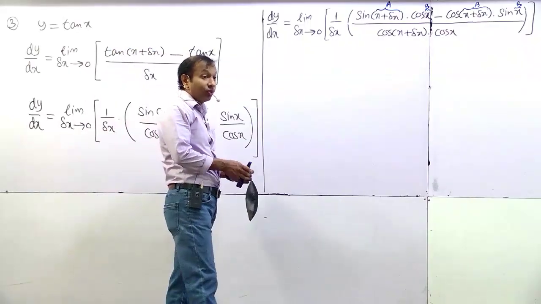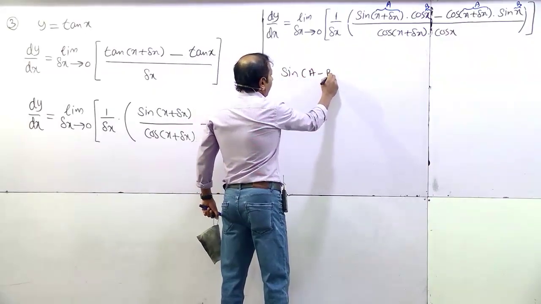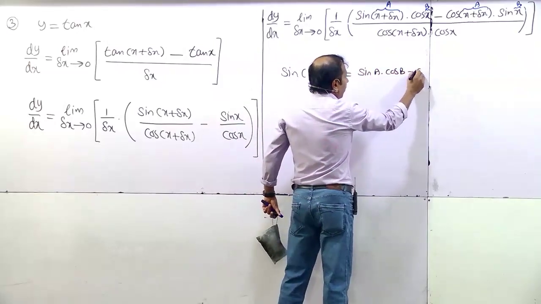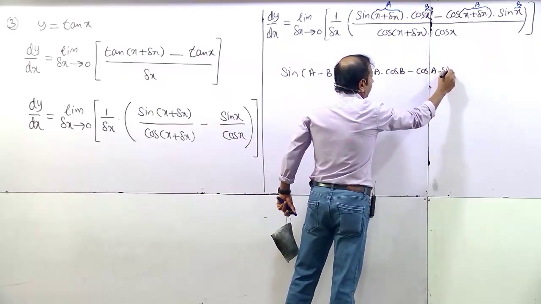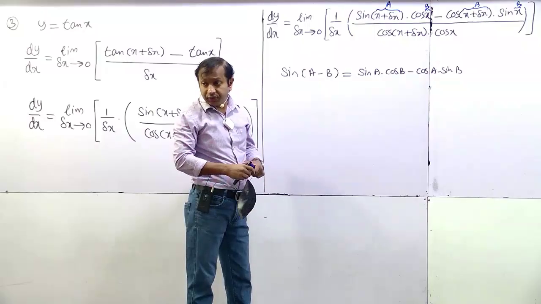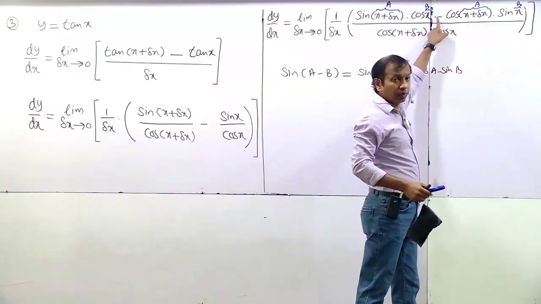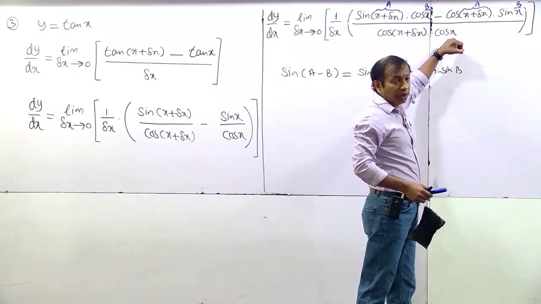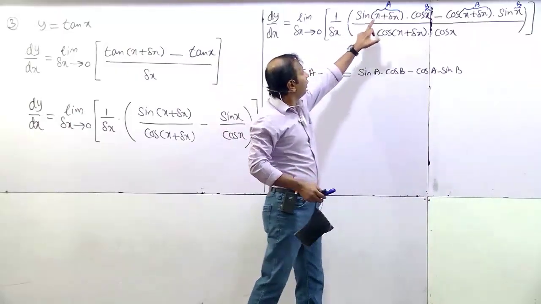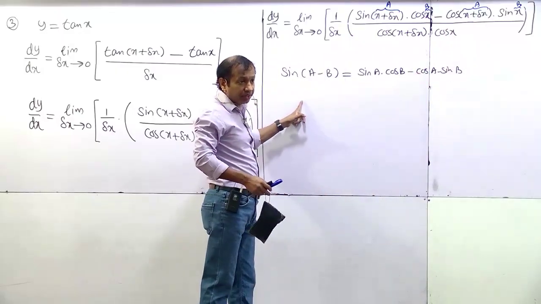What is the sin A minus B formula? We learned, sin A cos B minus cos A sin B, no? Understand? This is the right hand side we have. Then how to write this on the left hand side? From the angle A we subtract angle B, sin of A minus B coming to the left hand side like that.